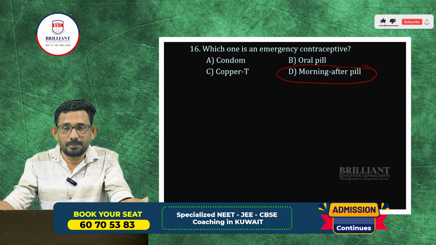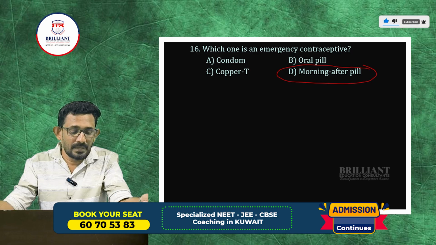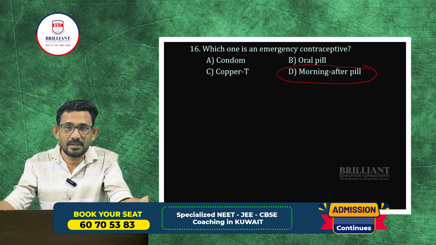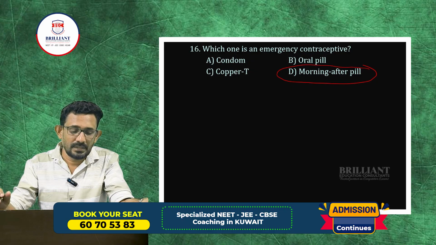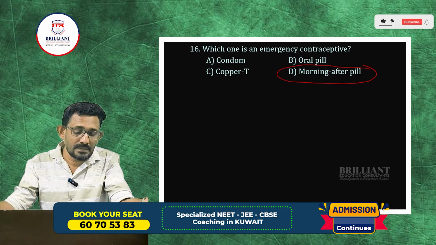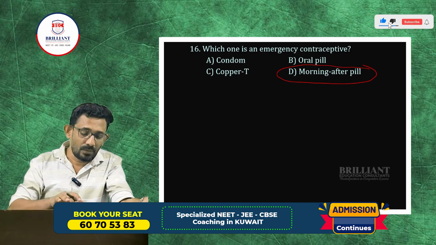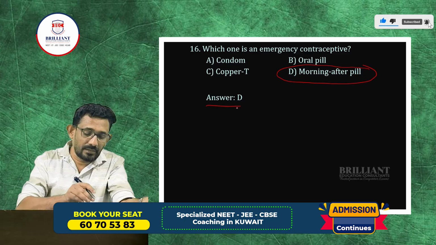Oral contraceptive pill is used before sexual contact, and emergency contraceptive pills are used after sexual contact, that means within 72 hours after sexual contact. Usually it is consumed in the morning time. That is why it is called the morning after pill. That pill is called the emergency contraceptive pill. Here option D is the correct answer.